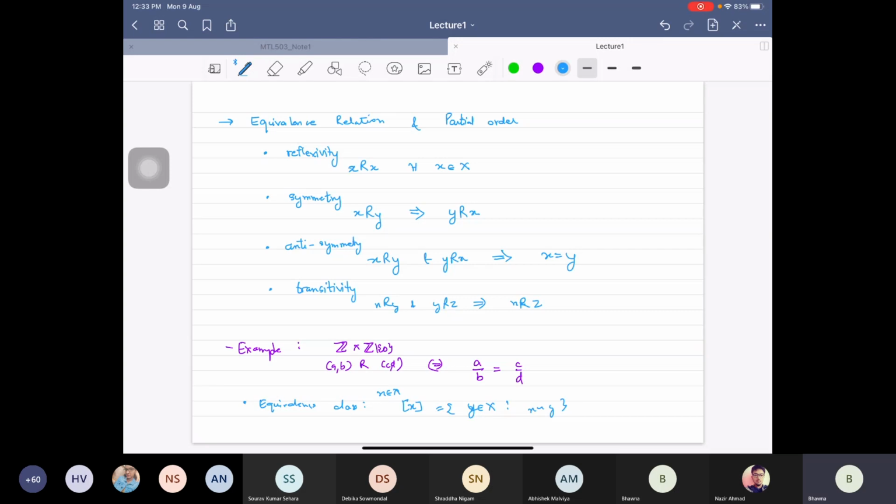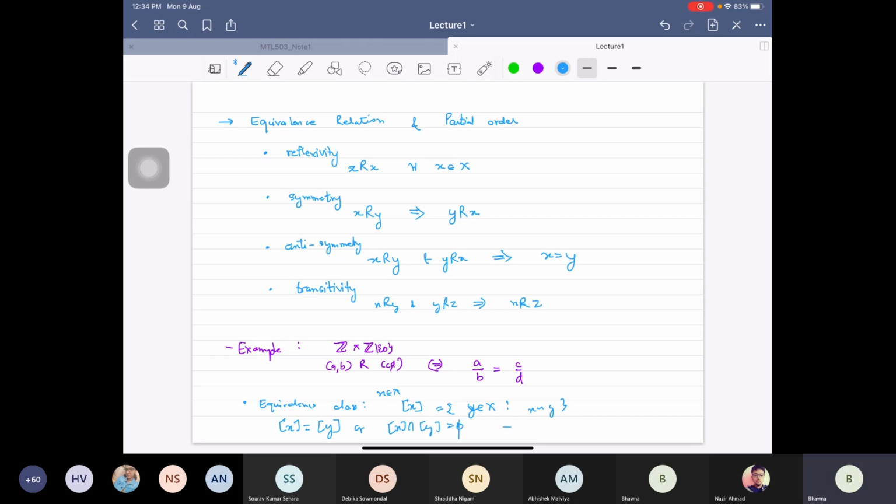Okay, so you see this particular sort of relation, an equivalence relation, actually partitions the set X into pairwise disjoint sets. That is, either the equivalence class of x is equal to the equivalence class of y, or they are disjoint.